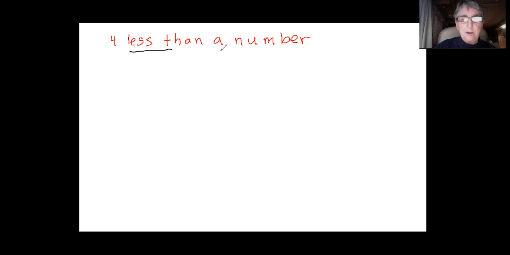The first one I have is a pretty easy one: 4 less than a number. But this is one that a lot of people make a mistake with. Whenever you see less than a number, it means that the number has to be written first, like n minus 4.